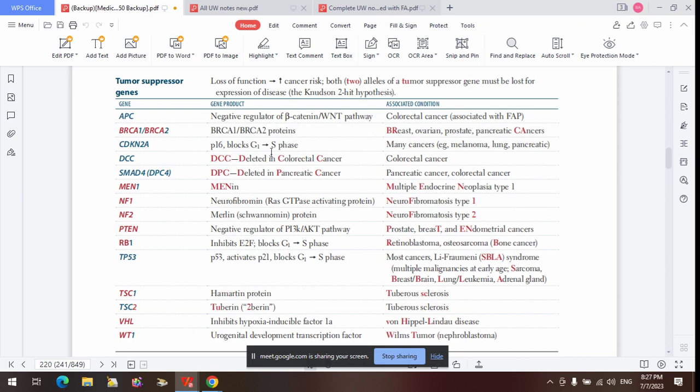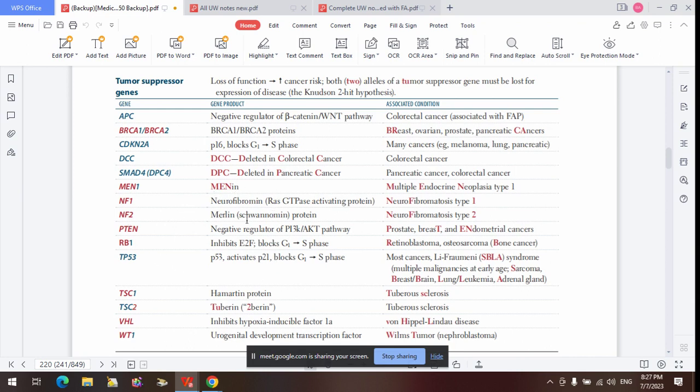That means you have uncontrolled progression of the cells through G1-S phase and they start replicating abnormally. That is the physiology for MEN1. Don't forget that. For MEN1, it's menin. MEN2A, MEN2B, pheochromocytoma, and the medullary carcinoma of the thyroid are due to RET mutation. But these guys are due to menin.